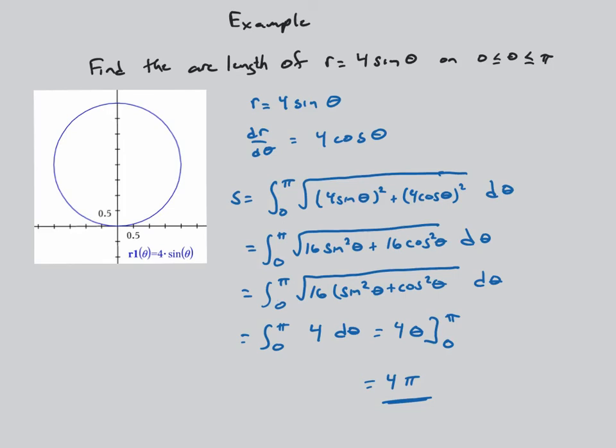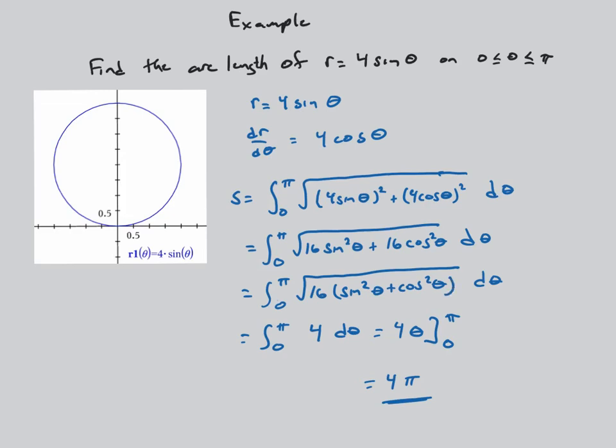So the way I set it up is I said r equals 4 sine theta, dr d theta is 4 cosine theta. So my arc length s is going to be the integral from 0 to pi of the square root of 4 sine of theta, that thing squared, plus 4 cosine of theta, that thing squared, d theta, which equals the square root of 16 sine squared theta plus 16 cosine squared theta, d theta, where I pull out the 16, and I forgot that parenthesis, but we'll put it in there.